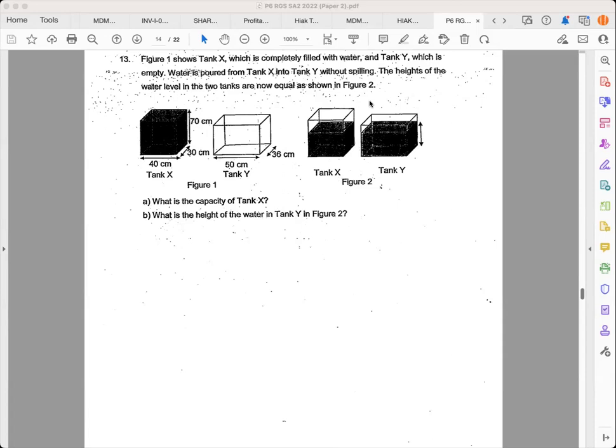The approach to solve this question is first identify how much water we are dealing with. By reading this question, we can see that all the water is in tank X. Because tank X is completely filled, the amount of water we are dealing with is 40 multiplied by 30 times 70.